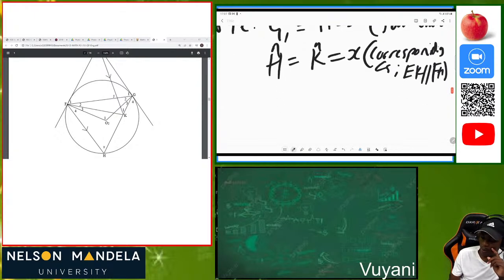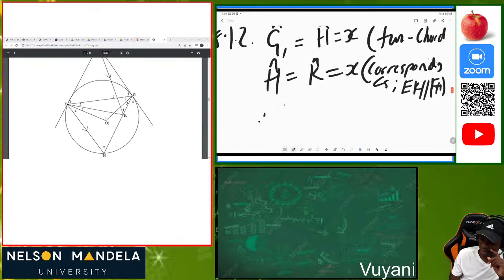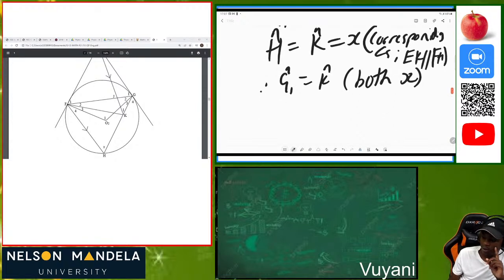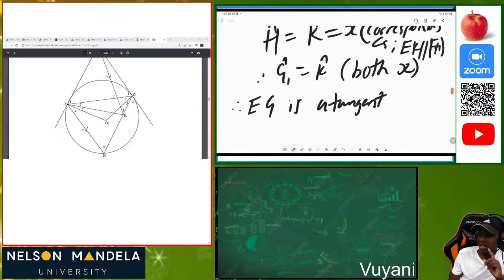Okay. So now we can therefore conclude that angle G1 is equal to angle K. Do you see that? Because they are both equal to X. So we can now conclude that EG is a tangent. Why are we saying EG is a tangent?